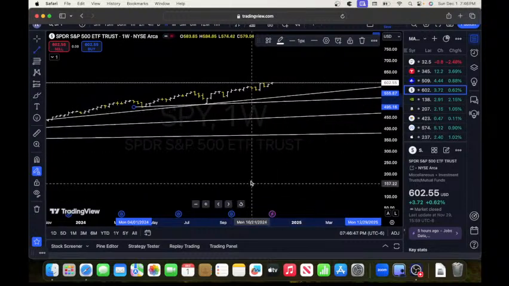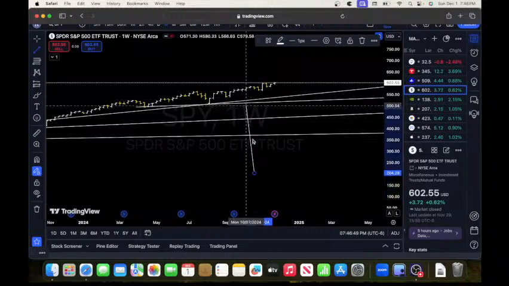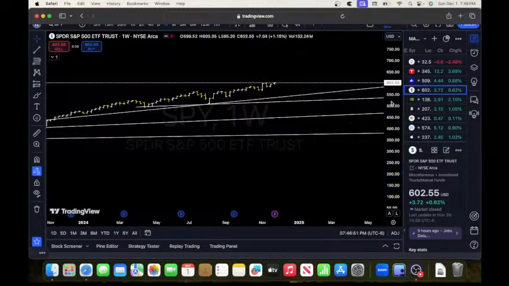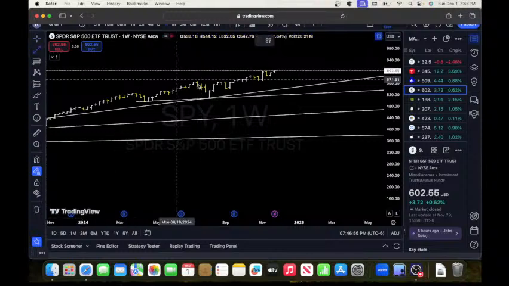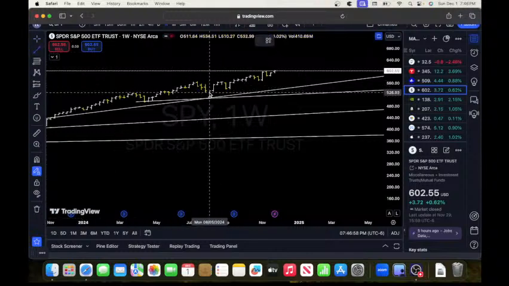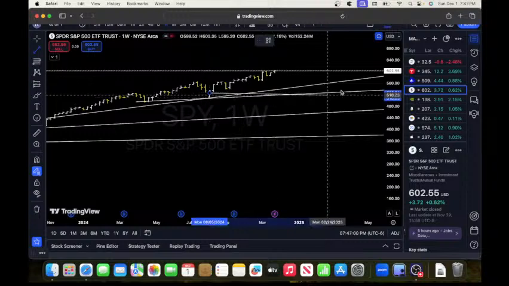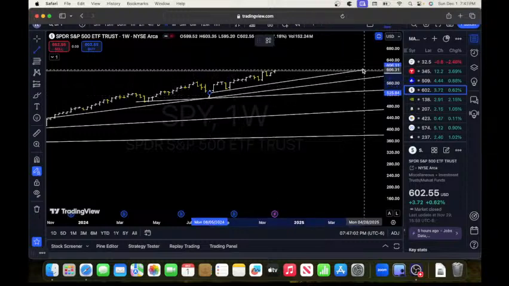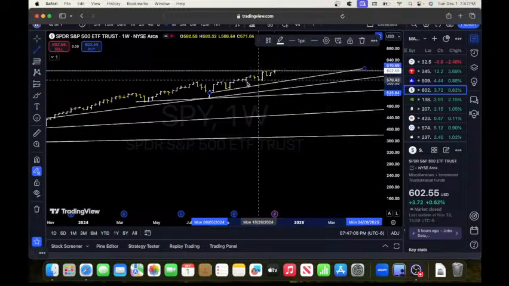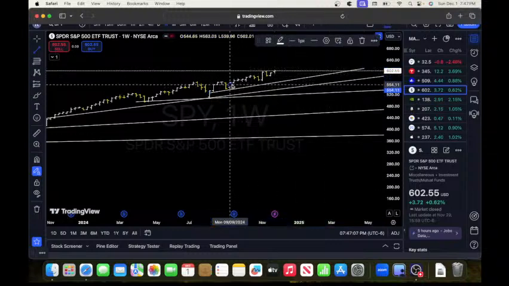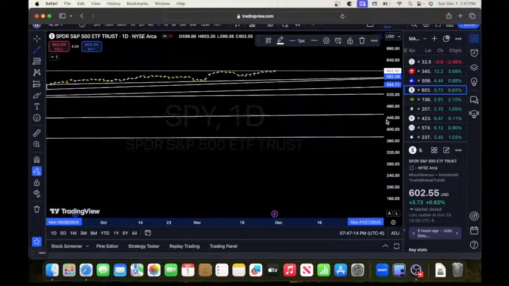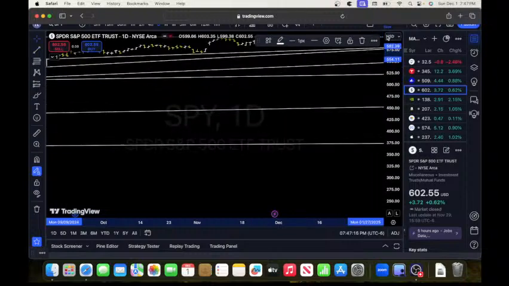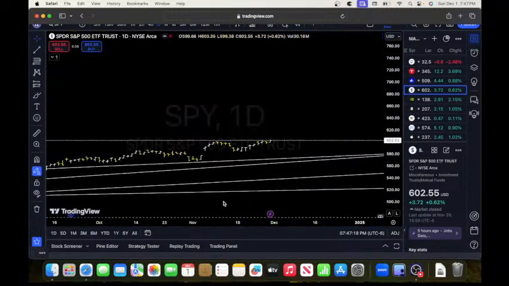So we're on the 1 week right now, and we're just finding the majority of our support areas. Once we get on the daily, that's going to be like our last little bit of trend lines.